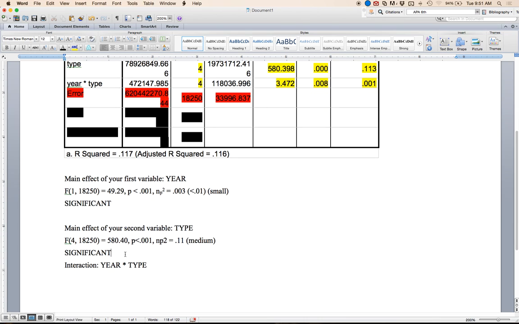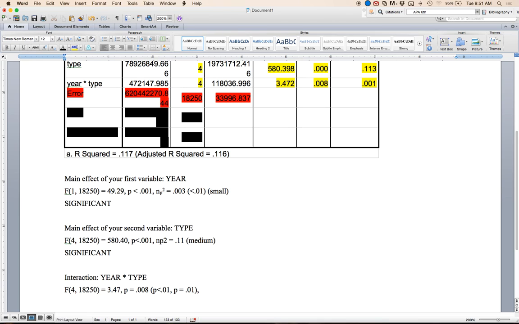And last but not least, we're going to do our interaction. So F, and it's 4 and 18,250. I got that from here. 4 and 18,250 is 3.47. Our p-value is 0.008. You could also list this as p less than .01 because that's true, and p equals 0.01 if you round it up.